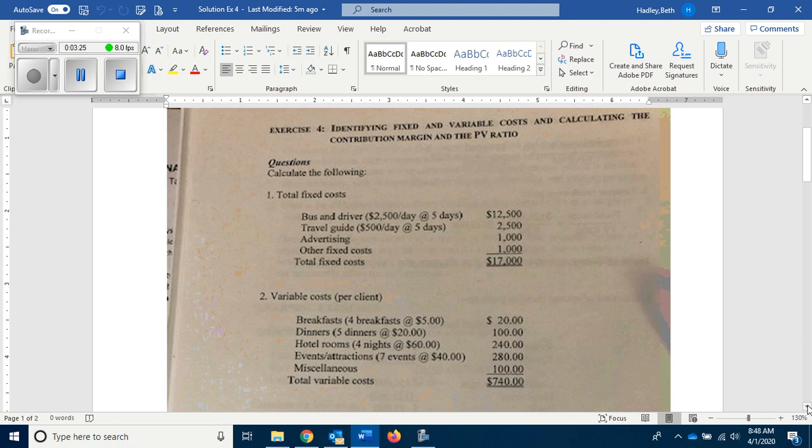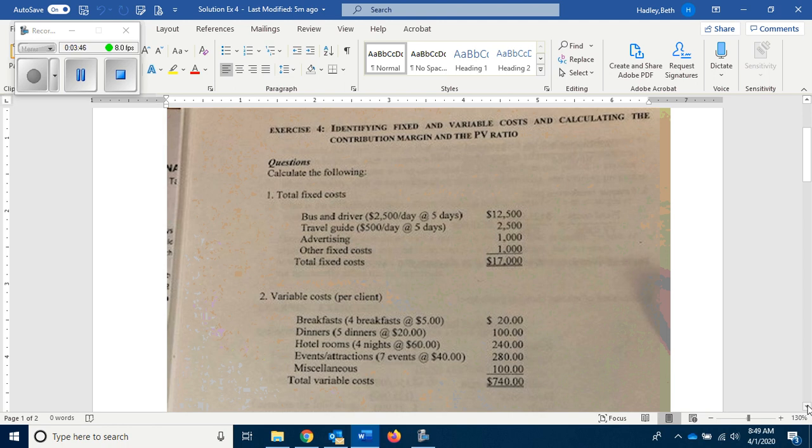And miscellaneous per person is $100. So for this event, the variable costs associated with each client is $740.